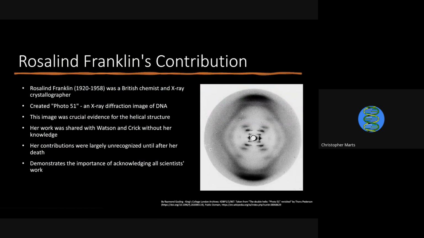Now, going back for a second, Rosalind Franklin was actually the first person to successfully X-ray and identify what that structure looks like. She was an X-ray crystallographer, meaning she specialized in X-raying crystal structures, so things like diamonds or quartz, trying to look at how their atoms are arranged.